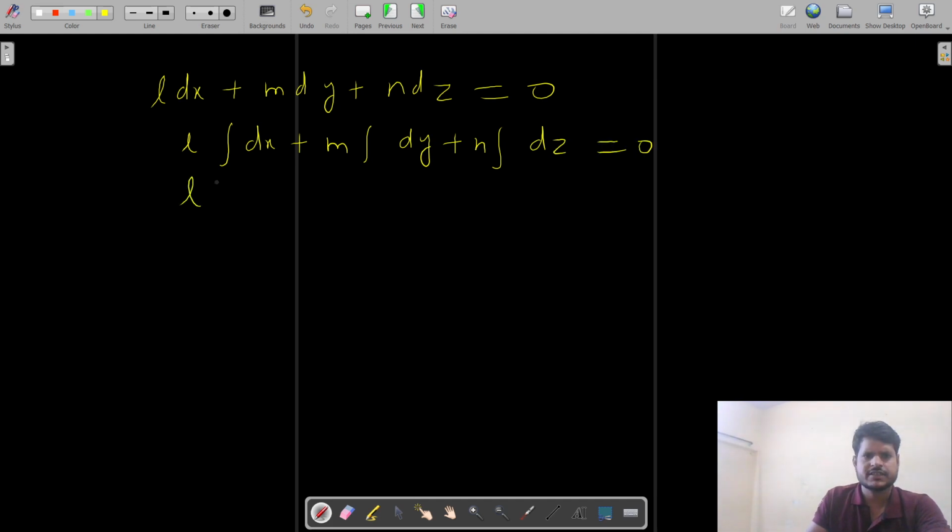So integration of 1 dx, that is lx, plus my plus nz equal to c1.